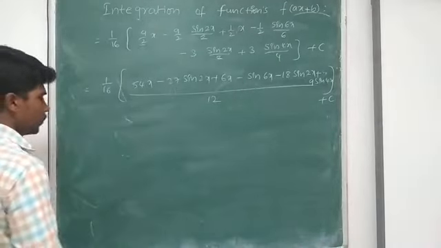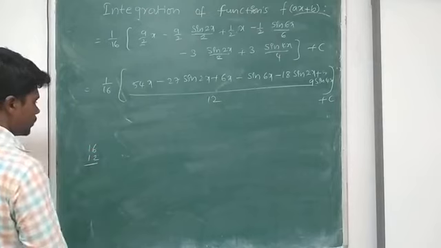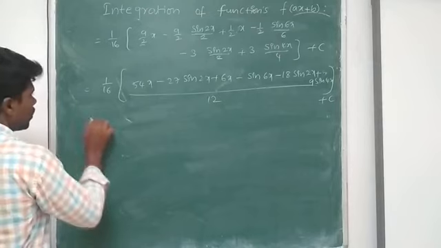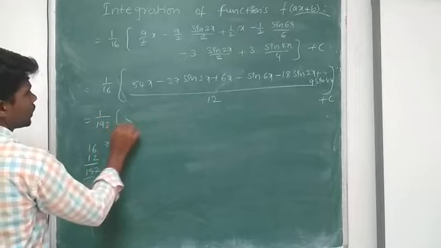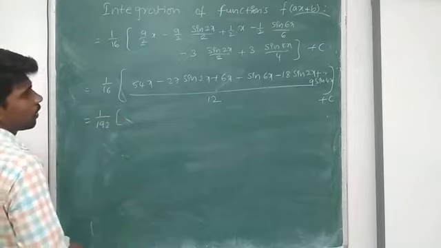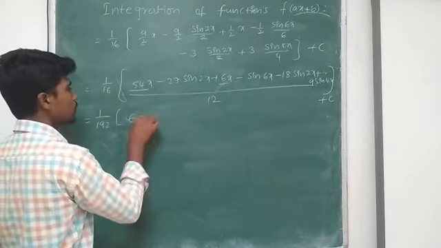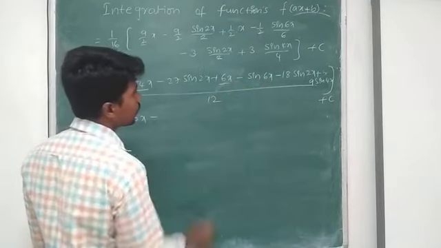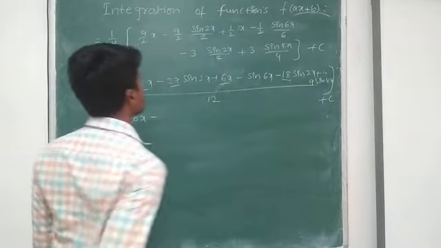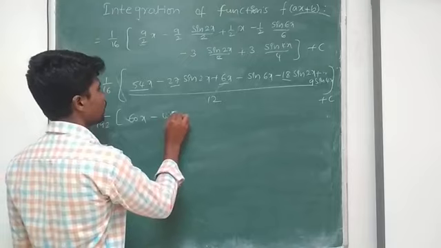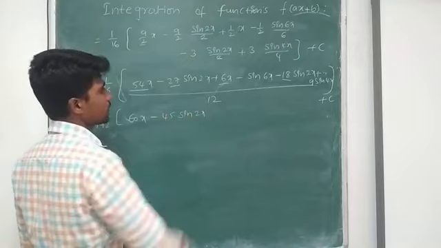Multiply 16 and 12. 16 12s are 192. We get denominator 192 into 54 plus 6, 60x minus 27 and 18, 27 plus 18 is 45 sin 2x.